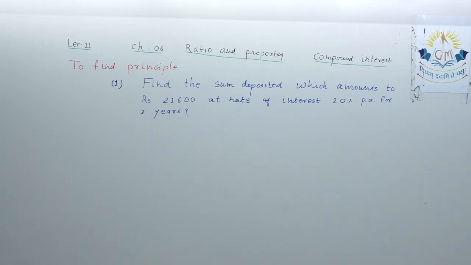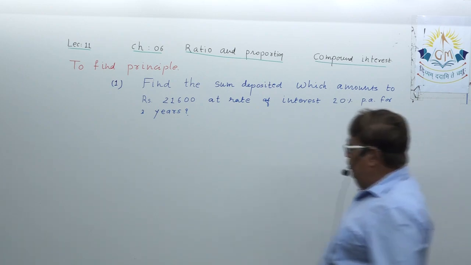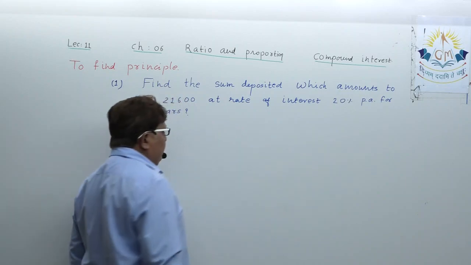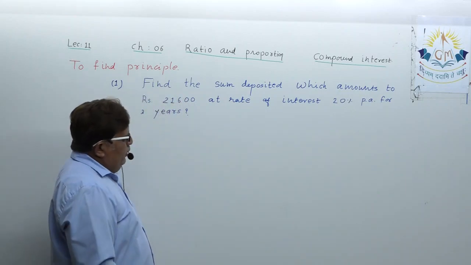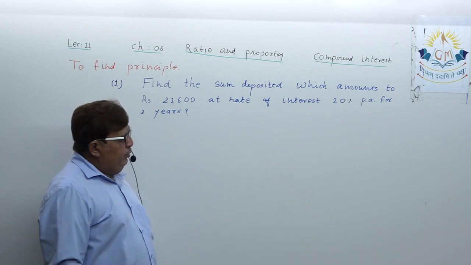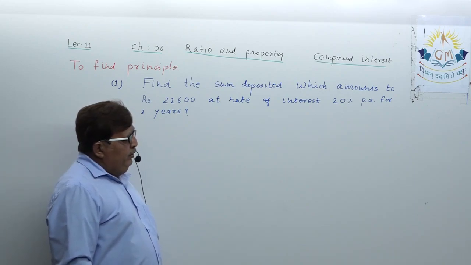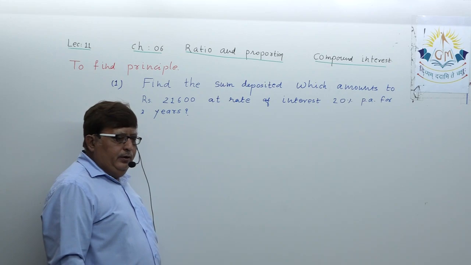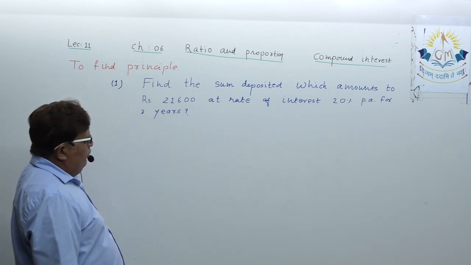Sum deposited which amounts to rupees 216,000 at rate of interest 20% per annum for 3 years.